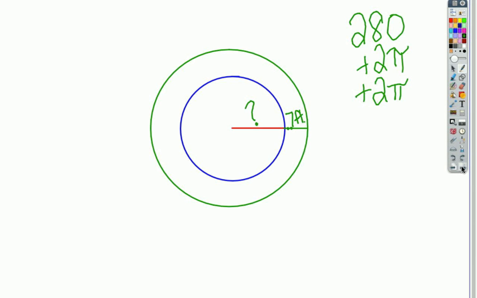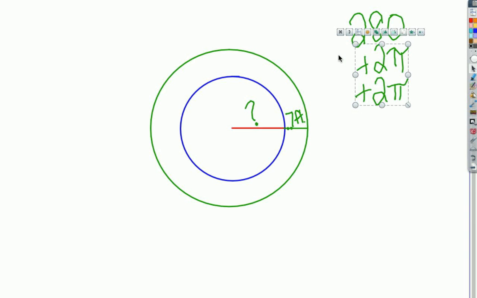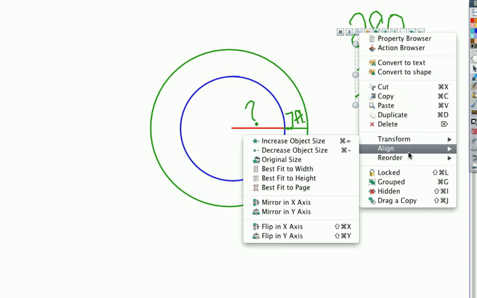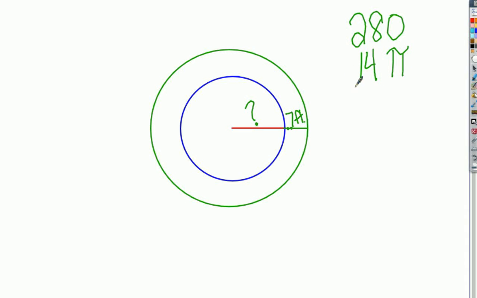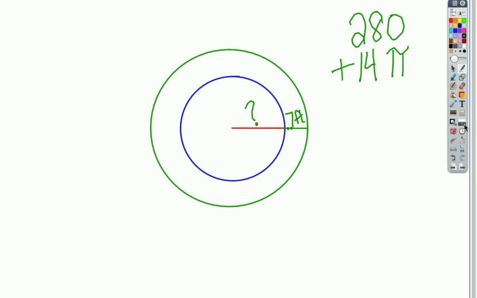So isn't that exactly what happened? That we increased the radius by 7, and so we increased the circumference by 14 pi. Well, what number do we usually use for pi as an approximation? Sebastian? 3.14.